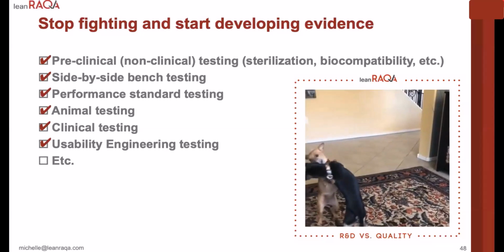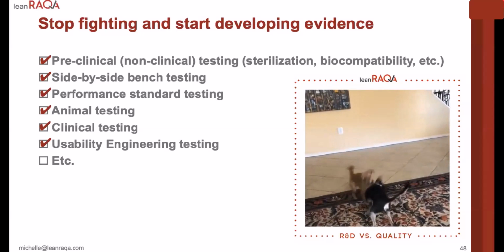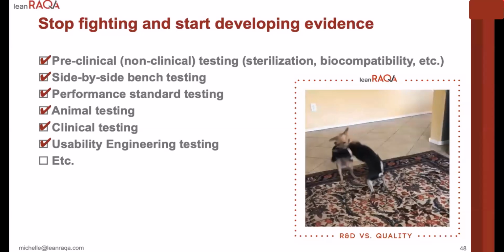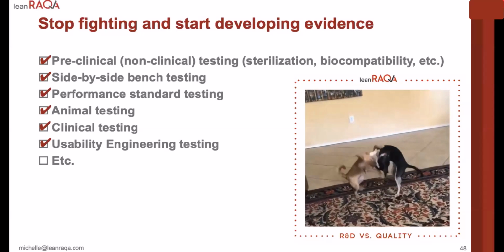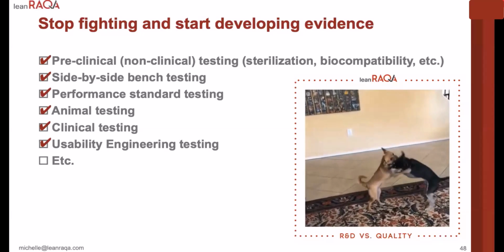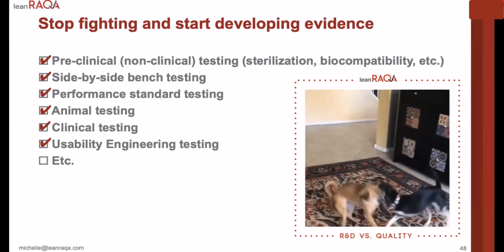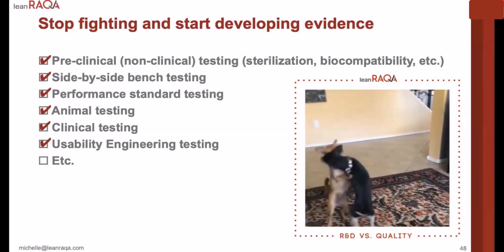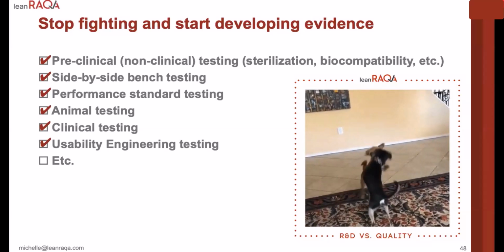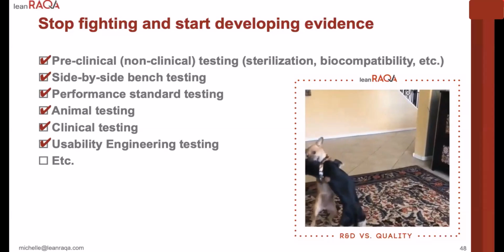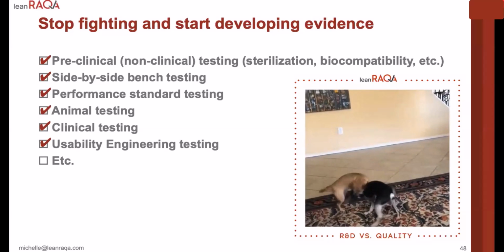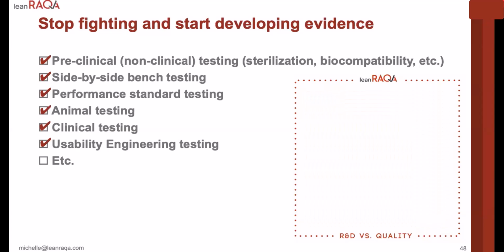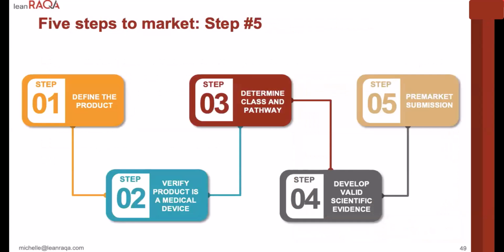You might need animal and clinical testing, and FDA, of increasing popularity, has valued human factors and usability testing, especially if you're going to do anything for home use, direct to consumer, wearables, anything where the patient may be interacting with a device on their own outside of a prescription or in a healthcare facility.